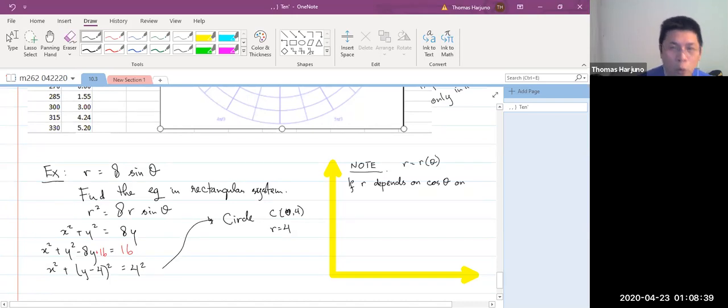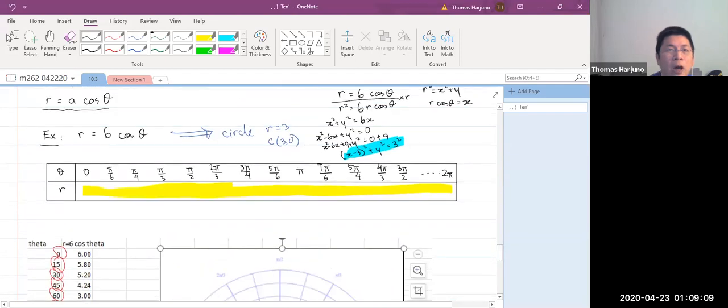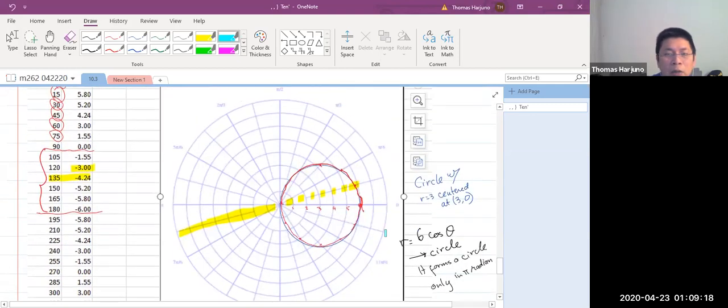But if you have only cosine theta there, then the graph is symmetric with respect to, quote unquote, x-axis. Now, let's see. If we look back to our r equals to 6 cosine theta, notice that the graph is symmetric with respect to the x-axis. Do you see that? Right?